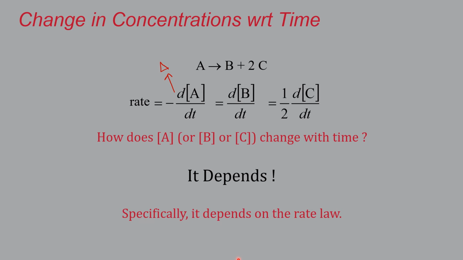And that is because the rate of the reaction is constantly changing. Remember, the rate laws were something like rate equals k times A to the first power. It could be k times something to the second power, something like that.